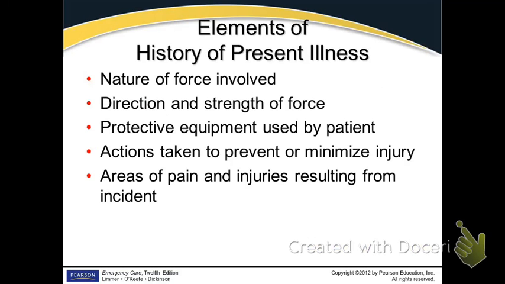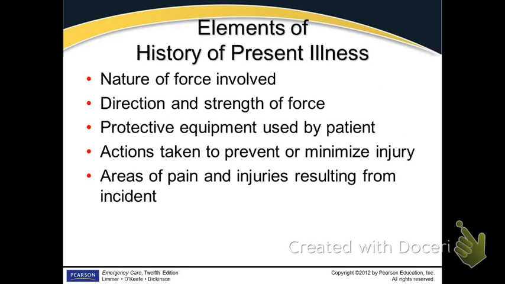The strength, the speed. Was there any airbag deployment? Anything that, like on a motorcycle, were they wearing a helmet? Were they wearing the leather jacket? That doesn't really do a lot, but motorcycle riders seem to think that. And then, like an MVC, is there a big skid pattern? So you start sort of gathering all this information that we'll look at when we get into trauma, and trying to determine some things about the injury.